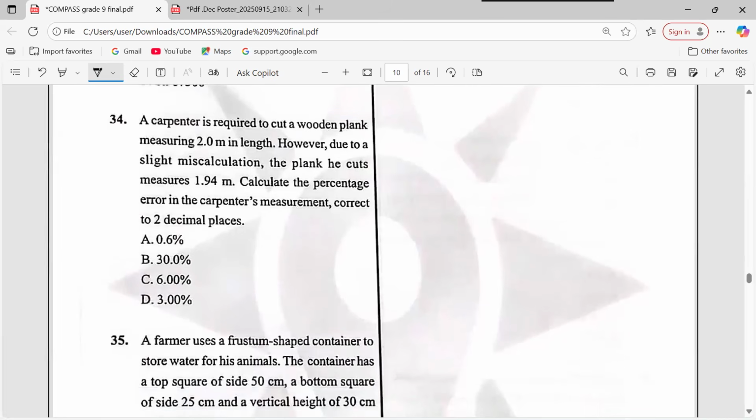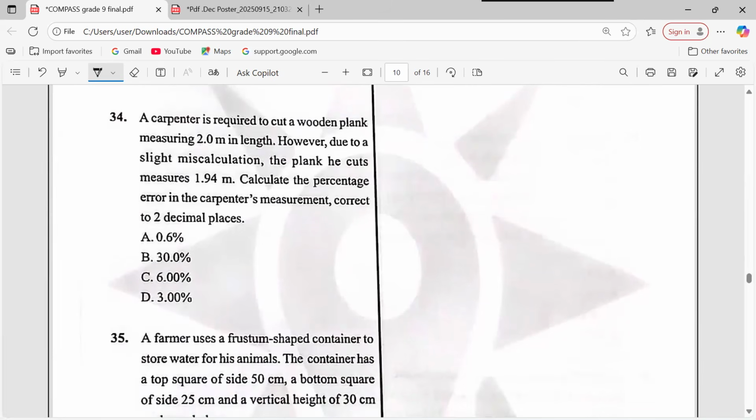Let's get to number 34. Number 34, a carpenter is required to cut a wooden plank measuring 2.0 meters in length. However, due to a slight miscalculation, the plank he cuts measures 1.94 meters. Calculate the percentage error in the carpenter's measurement, correct to 2 decimal places.